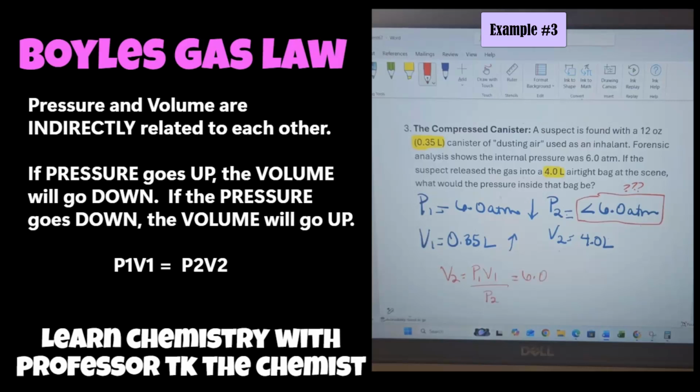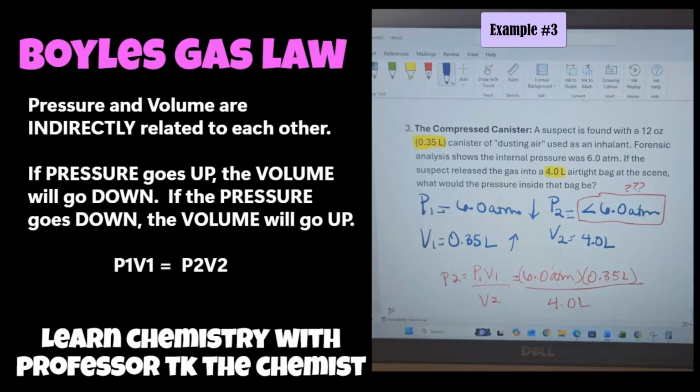P1, 6.0 ATM, V1, 0.35 liters, divided by, on the bottom, that 4.0 liters. All right, so let's make sure Professor TK put these numbers in the right way. P1, 6.0 ATMs. V1, 0.35 liters. V2, 4.0 liters. All right.